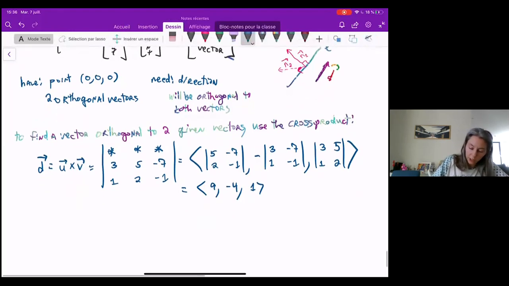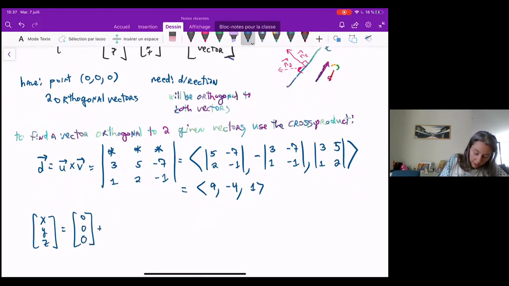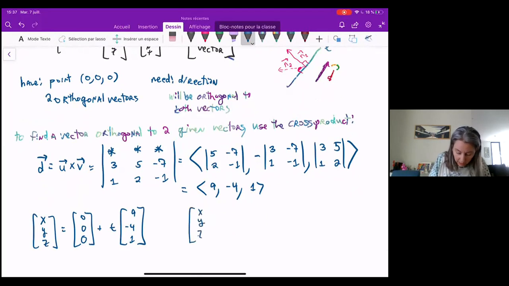So my vector equation here is x, y, z is equal to 0, 0, 0 plus t times 9, -4, 1. I don't really need to write that 0, 0, 0. It doesn't add anything. So in other words, x, y, z is equal to t times 9, -4, 1.